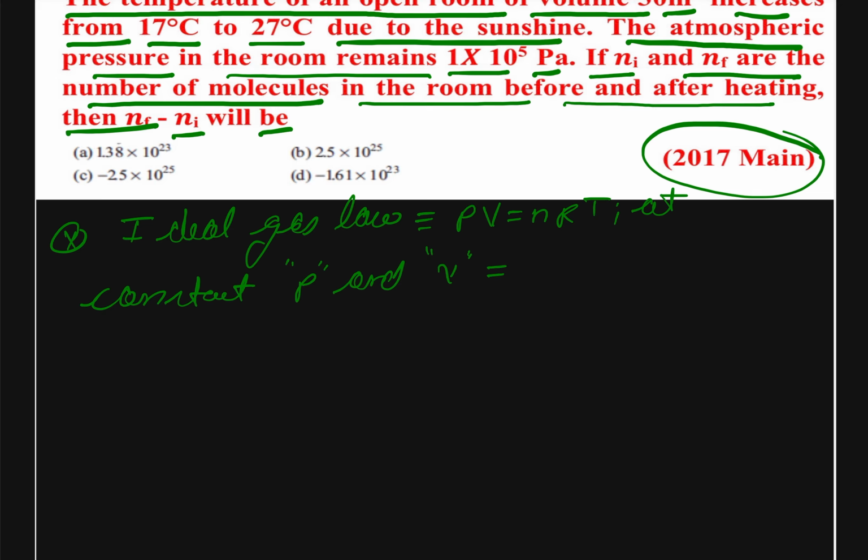Therefore we can write that because this R is also a constant, N multiplied by T will be equal to constant.